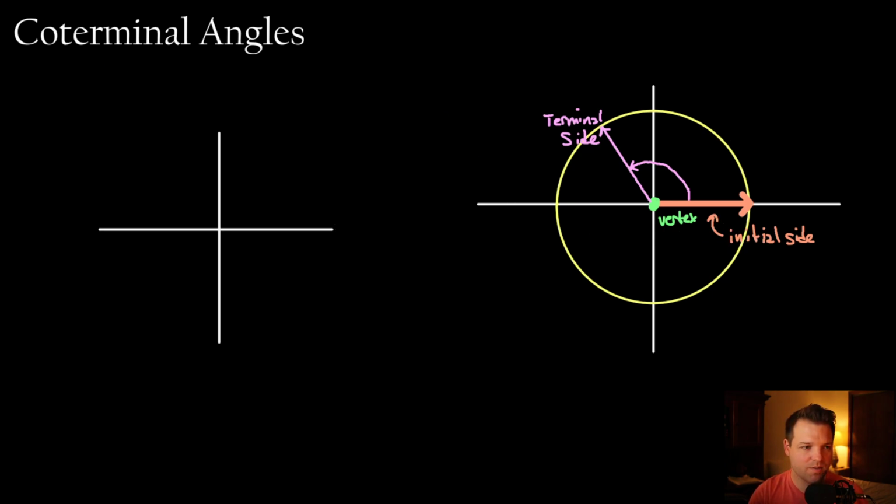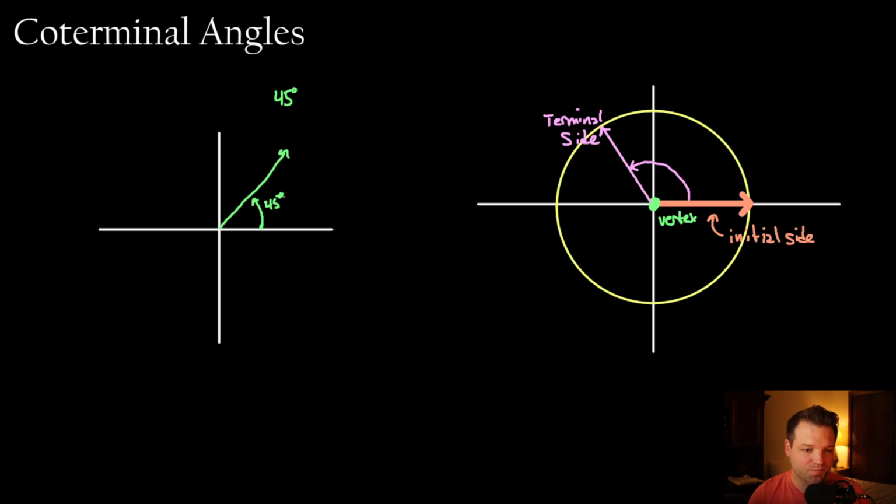So let's pick an angle here, let's say 45 degrees. If I start here at 0 degrees and then rotate around, this would be approximately 45 degrees. And I want to list some angles that are coterminal to 45 degrees.